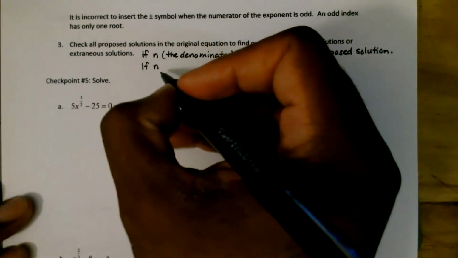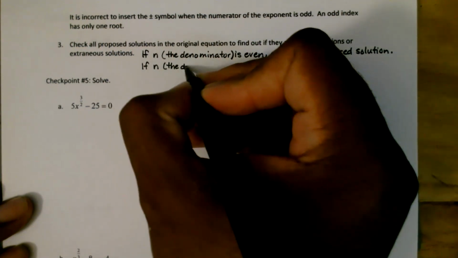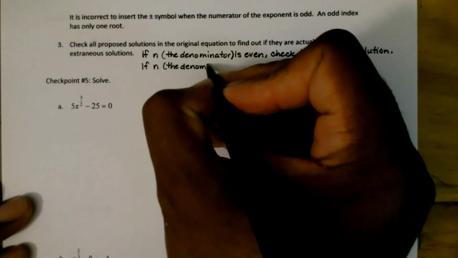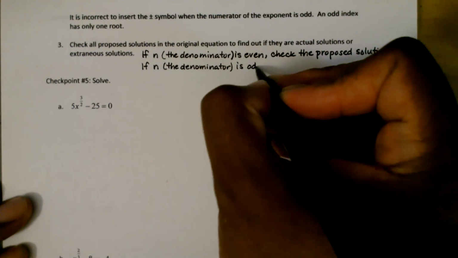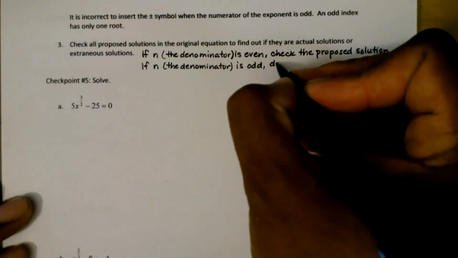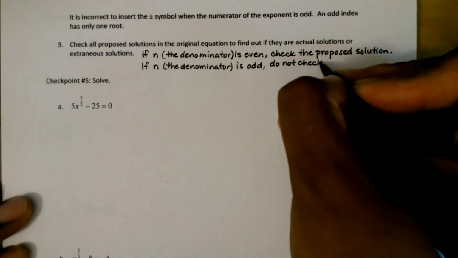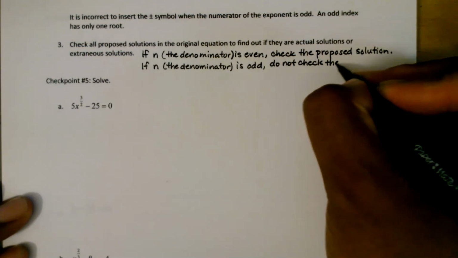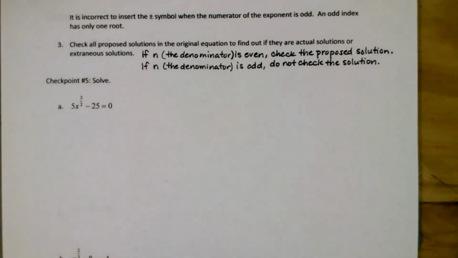But if n, again, that's the denominator in the original equation, is odd, you do not check the solution. All right, so hopefully this will help you determine whether or not to do the check.